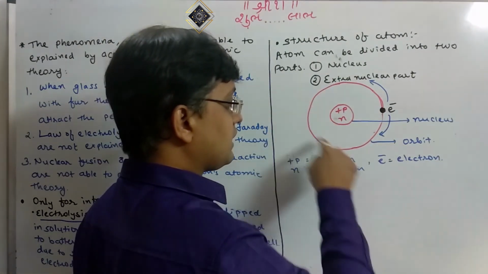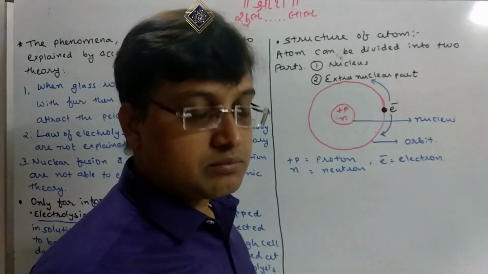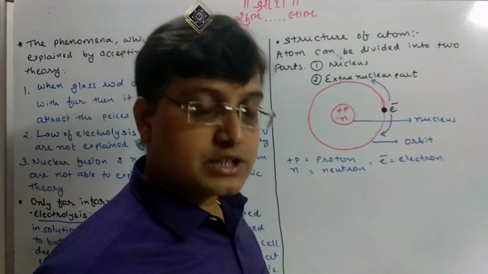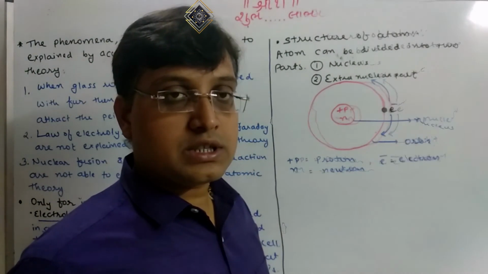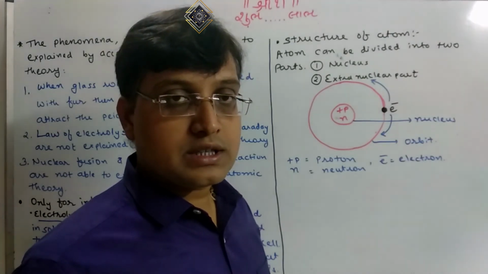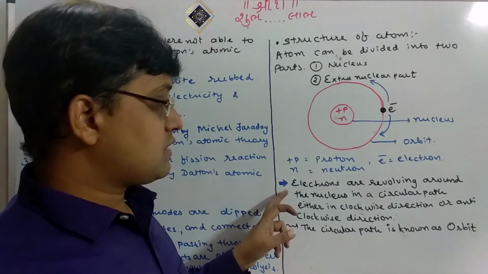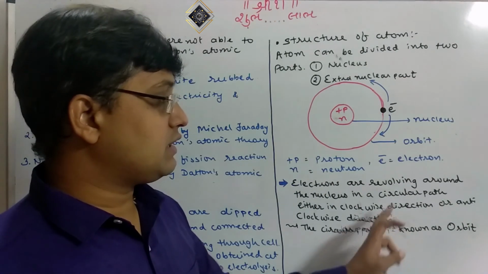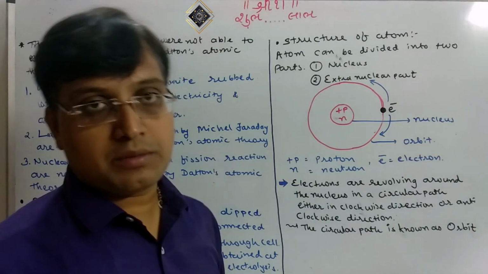That circular path is known as an orbit. Once again, the electron can rotate either clockwise or anti-clockwise. The circular path in which the electron rotates around the nucleus is known as an orbit.